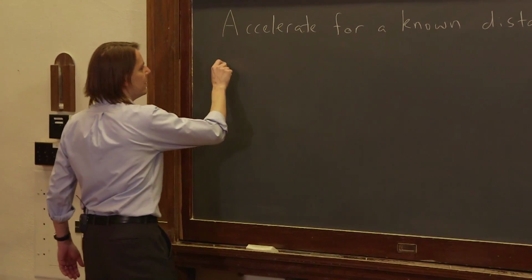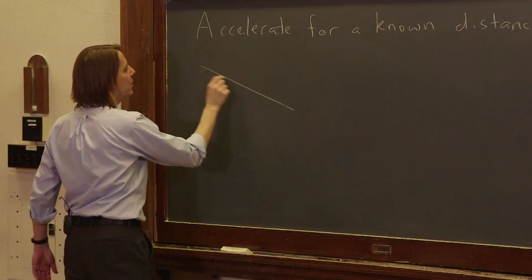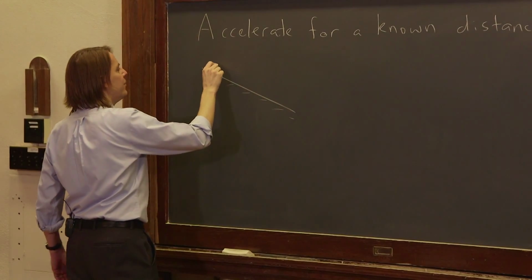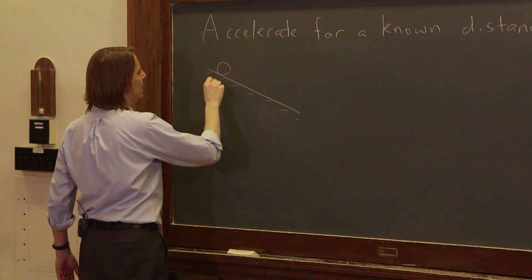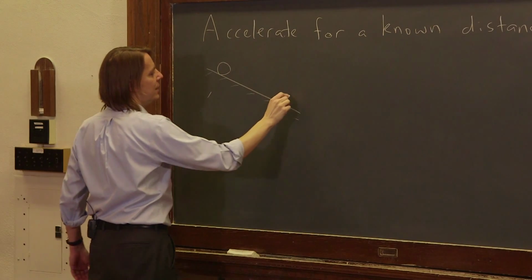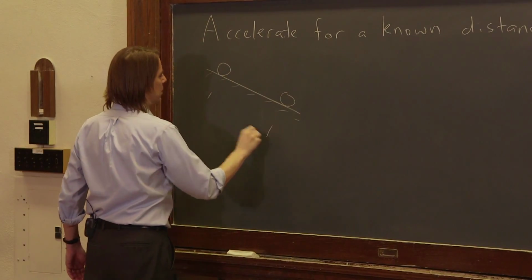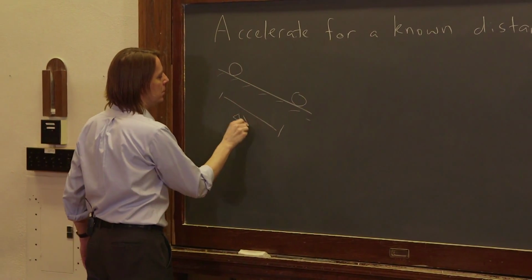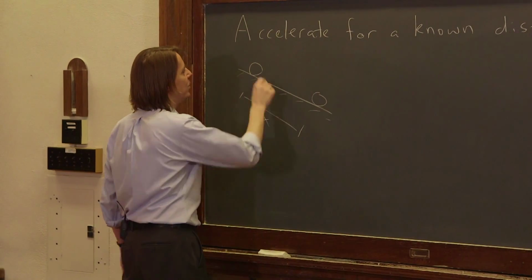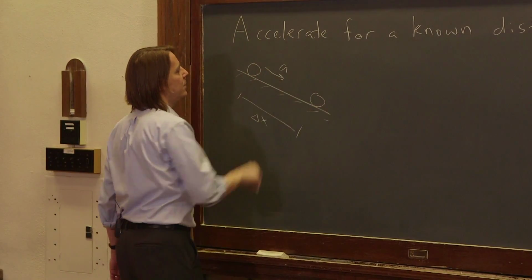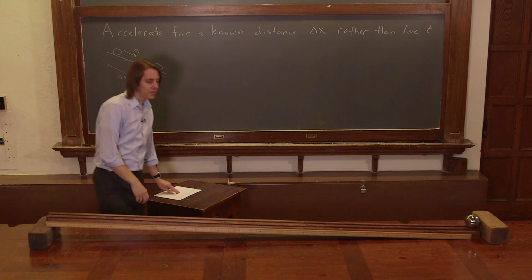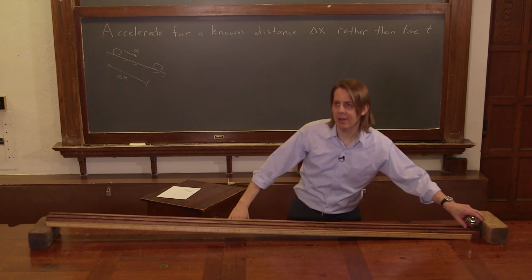So it could be something like this, like we've been doing over there, where we have our ball and it starts at one place and it ends at another, and all we really know is delta x, and we know its acceleration. So it's really just like we did in the last demo.